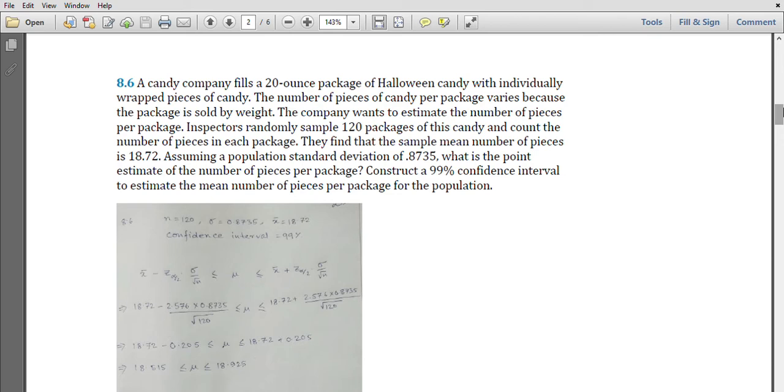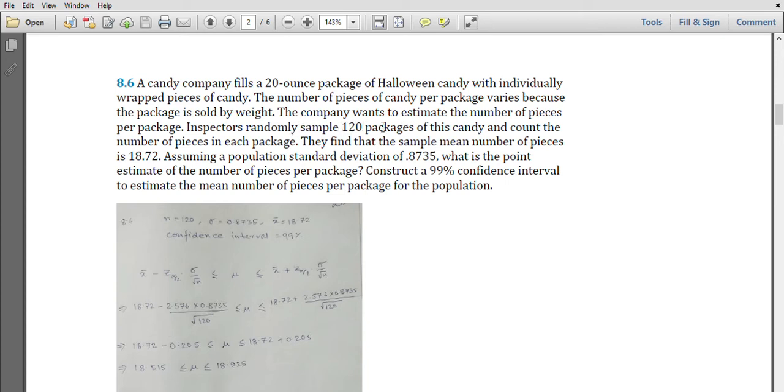Now let's first extract the numbers that we need. First we have this 20-ounce package, which is of no use to us. Next we have these 120 packages. This is actually the sample size, small n.